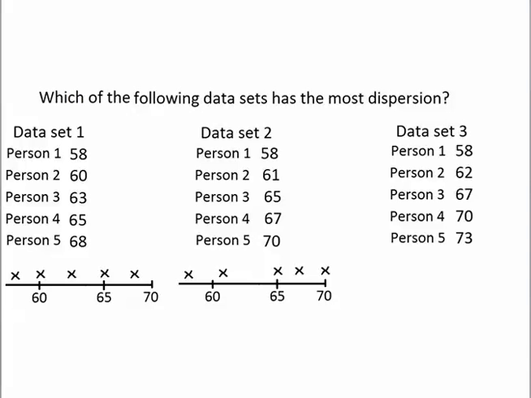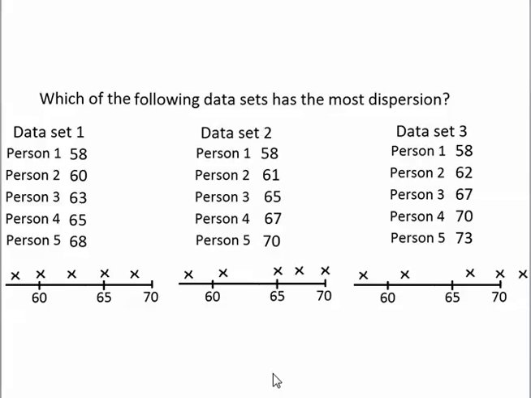This one has a little bit more dispersion because it used to be that the highest value was 68, and now the highest value has gone up to 70. And this one has even more dispersion because now our highest value has gone all the way up to about 73.